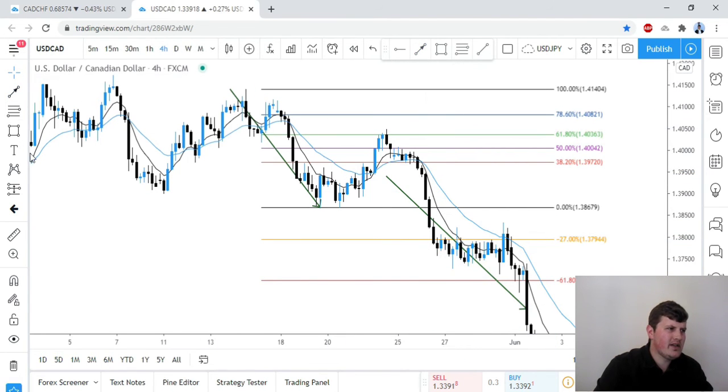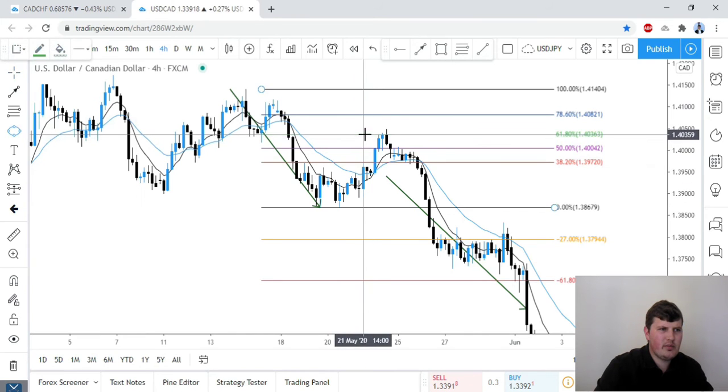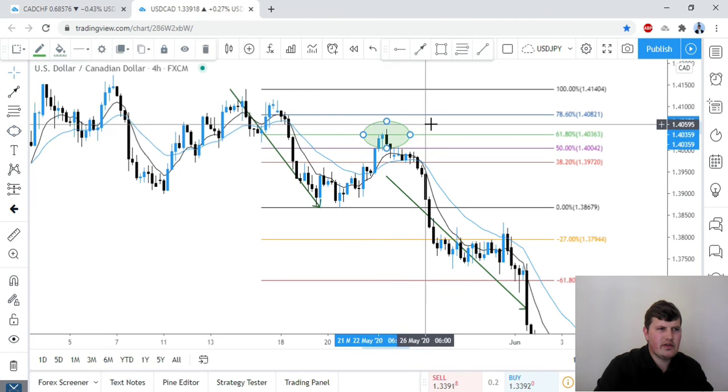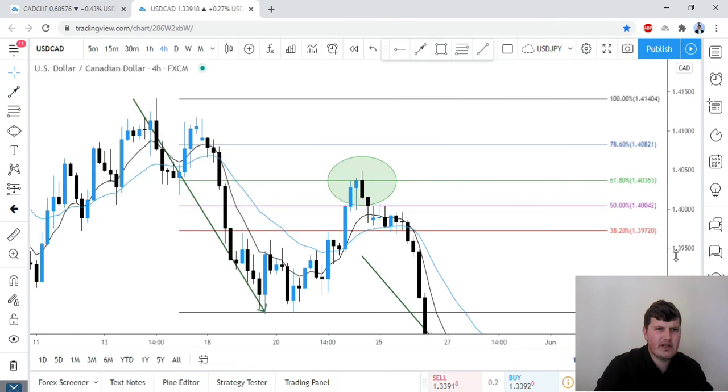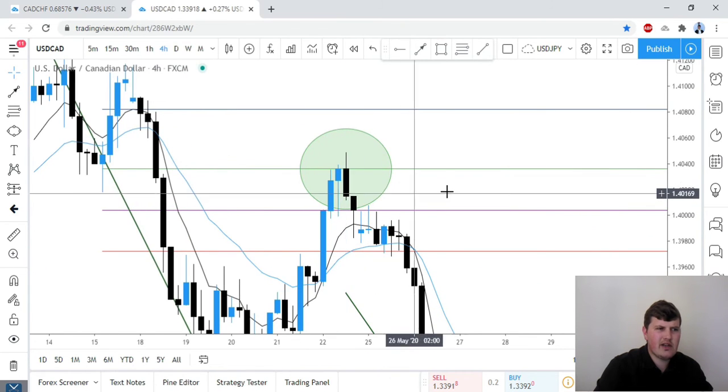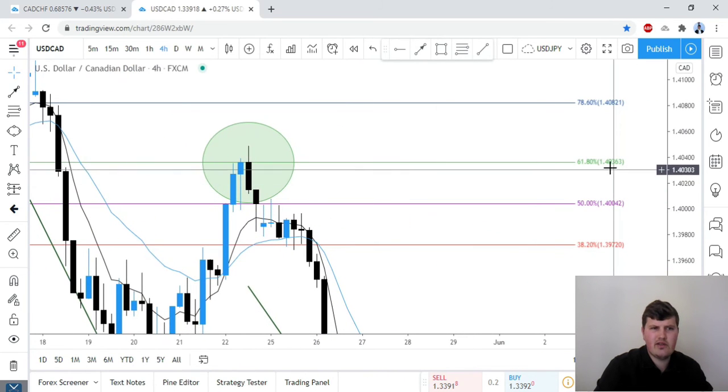And as you can see, price tested and reacted perfectly to this 61.8% Fibonacci retracement level over here with candlestick closure at this level to the pip.